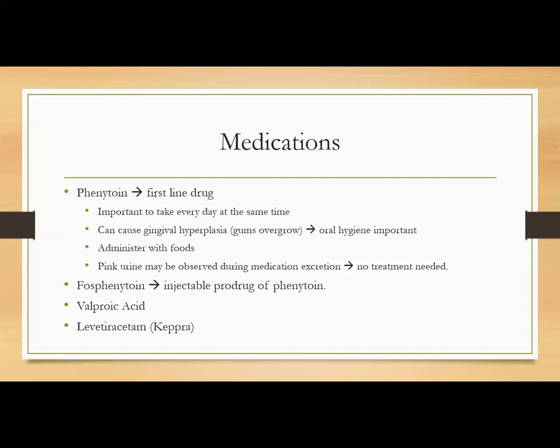Whenever I'm studying medications, I like to think about what the patient would want to know, so I condensed it down to things that I think the patient would want to know. Fosphenytoin is the injectable prodrug of phenytoin. So when somebody is actively seizing, that might be a medication they may give. Valproic acid and Keppra are two of the other ones we use.